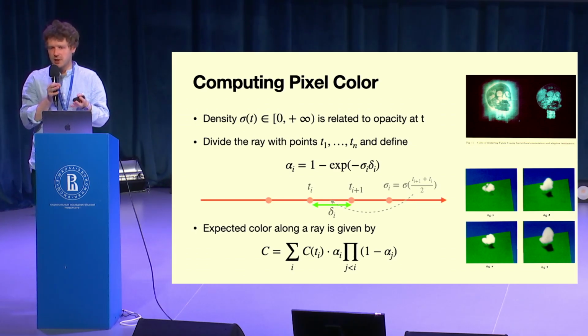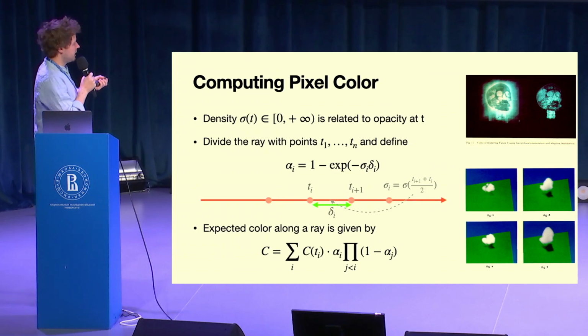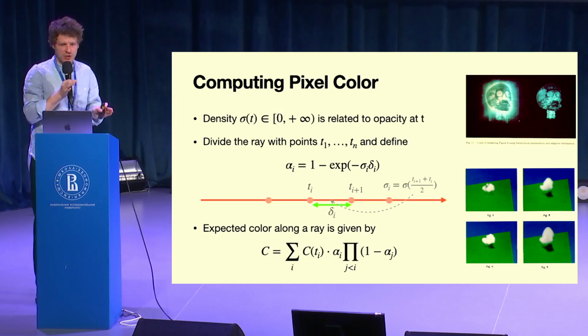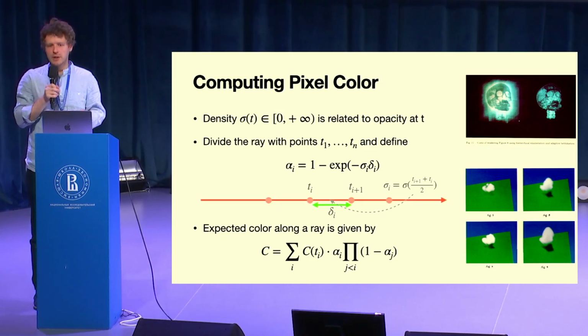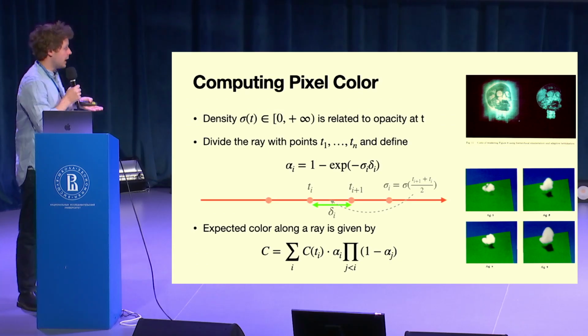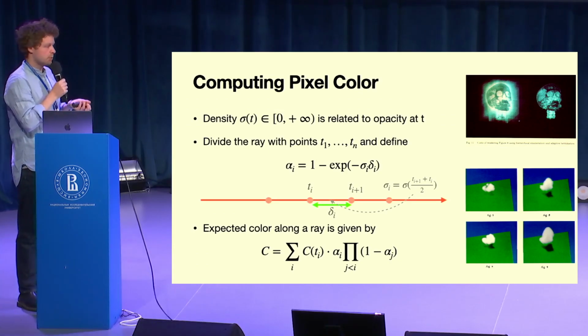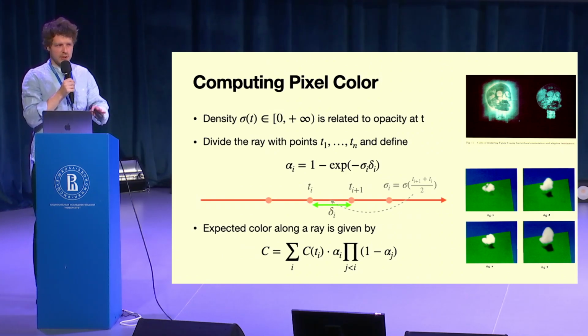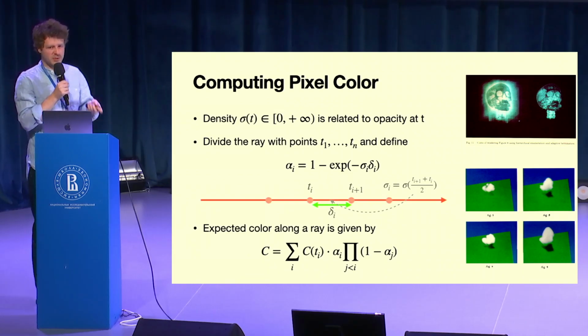Those operations are also very nice. And the algorithm we end up with is differentiable with respect to all the parameters we have in the scene. It's differentiable with respect to sigma. It's differentiable with respect to output radiance. And we can differentiate it and compute gradients with respect to density and with respect to color.